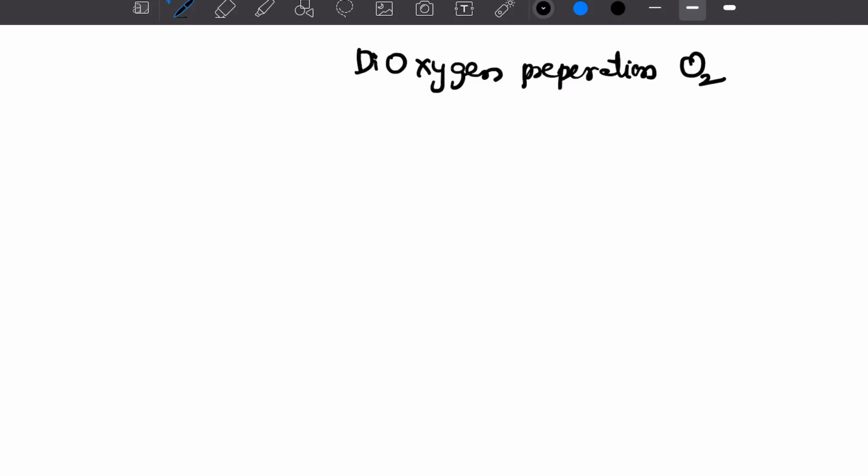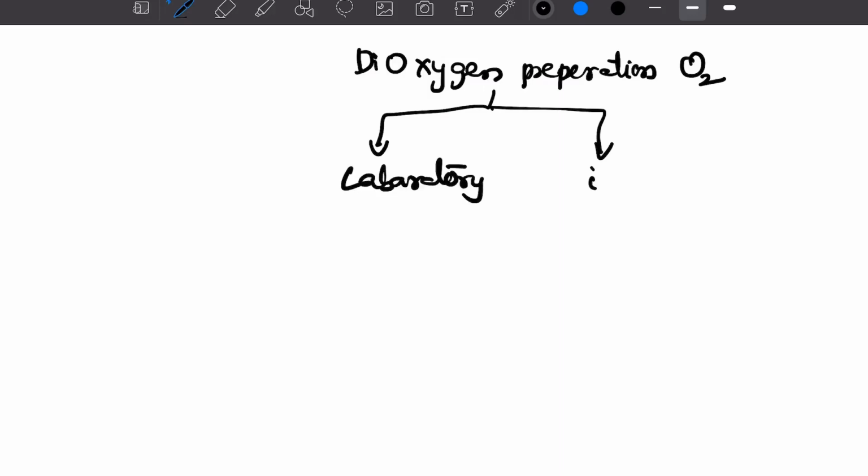First of all, we can prepare dioxygen by two methods. The first one is the laboratory method, and the second one is the industrial method. How can we prepare dioxygen in the laboratory? In the laboratory method, there are two methods.